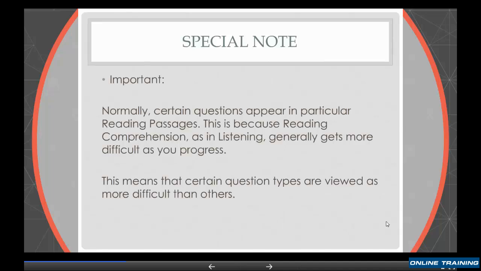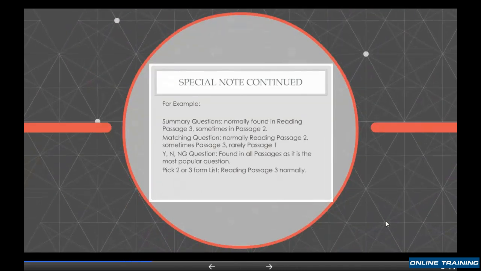So some question types you're going to see more in reading passage number 3 than you would in reading passage number 1. For example, it's very rare that you will see a summary question in reading passage number 1. Normally, a summary question is going to be found in reading passage 2 or reading passage 3. So, like I said, that's most of the time, and that's in general.